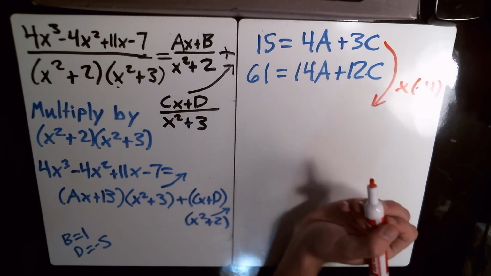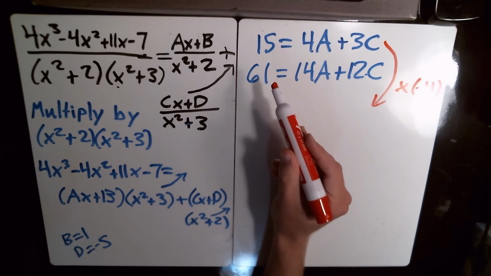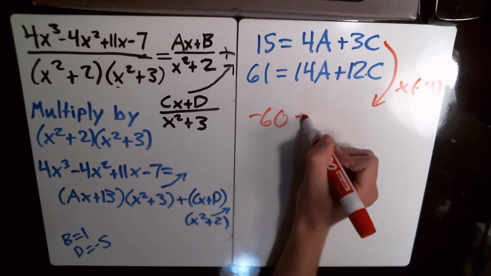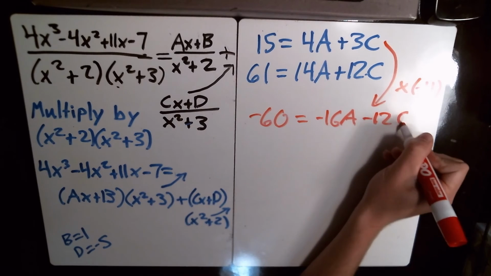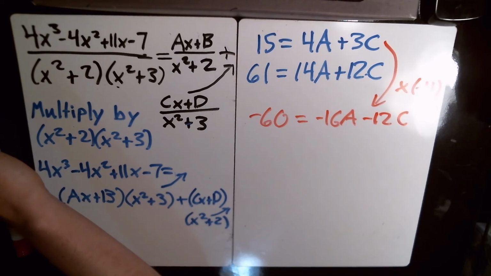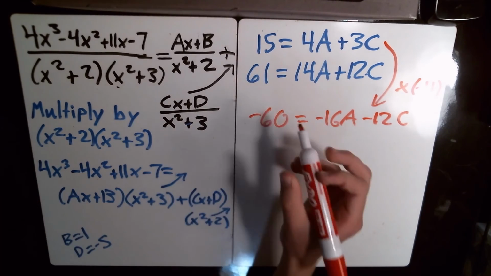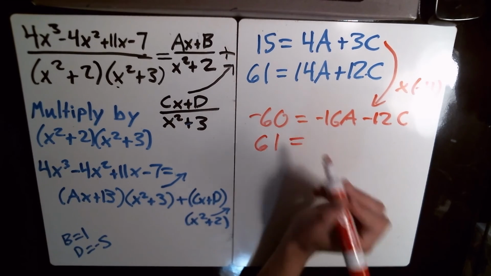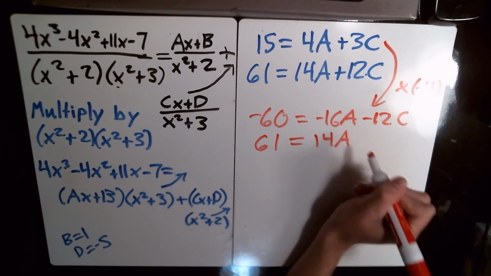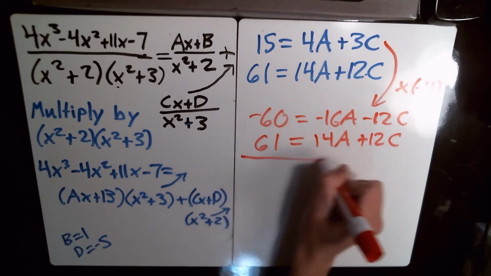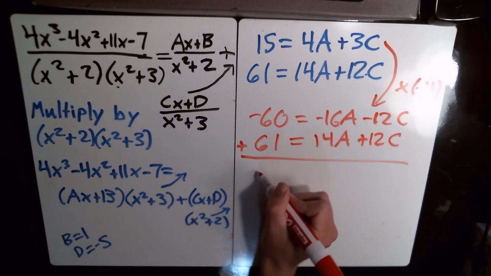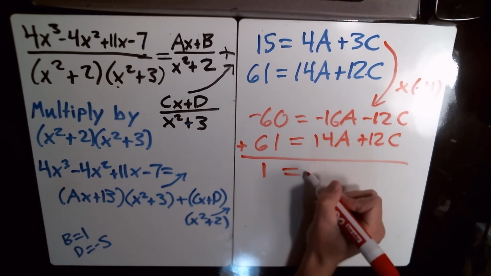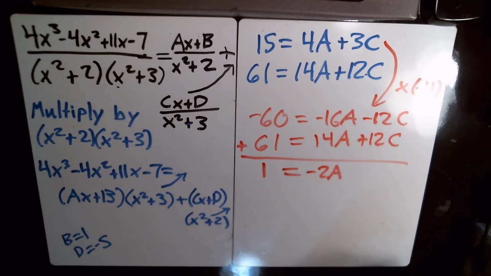So I get -60 is -16a minus 12c. And then our other equation is 61 is equal to 14a plus 12c. We'll add those two together. The -60 and the 60 is 1, -2a, and then the c's cancel.